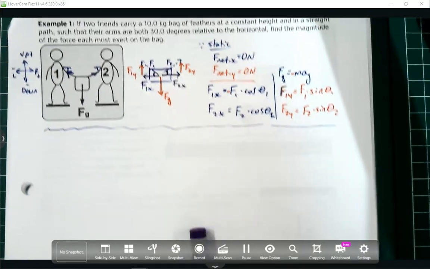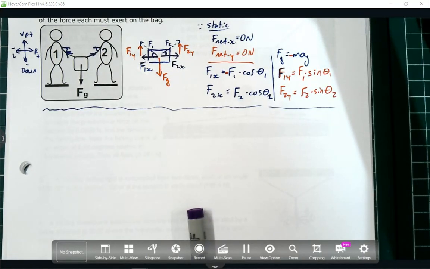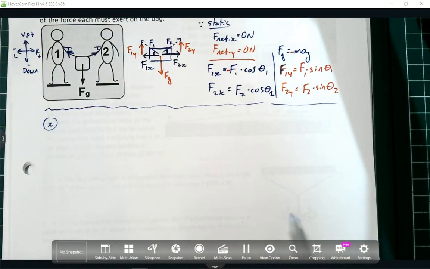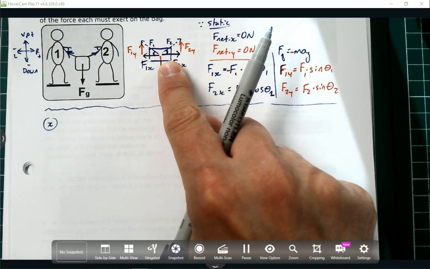Alright, so just to block this off for ourselves and keep ourselves organized, I want to be an X thinker first. So in my X thinking, I'm going to conjure up a free body diagram equation.